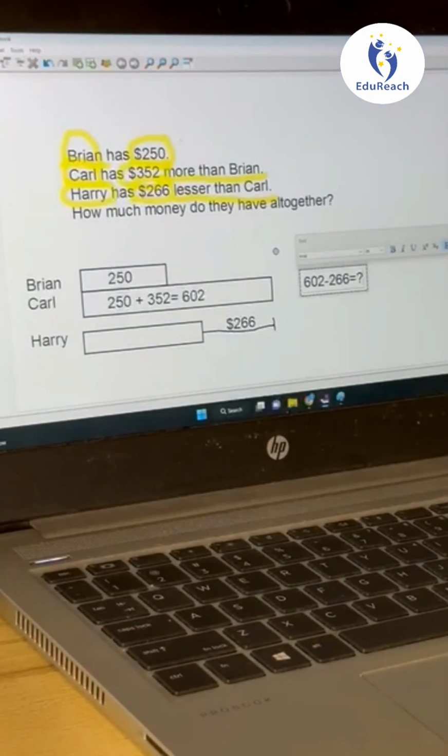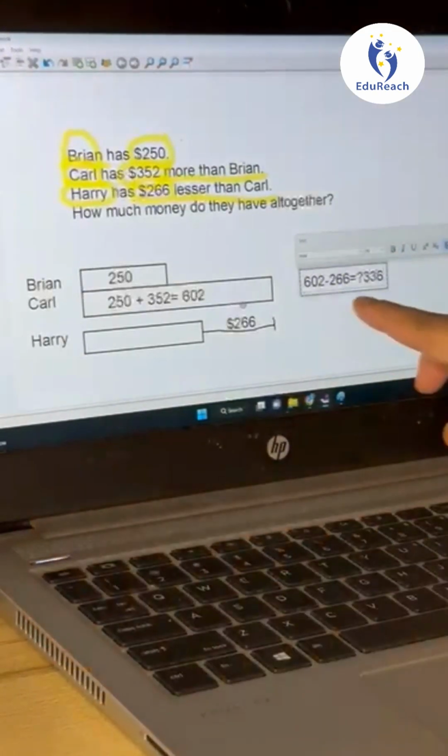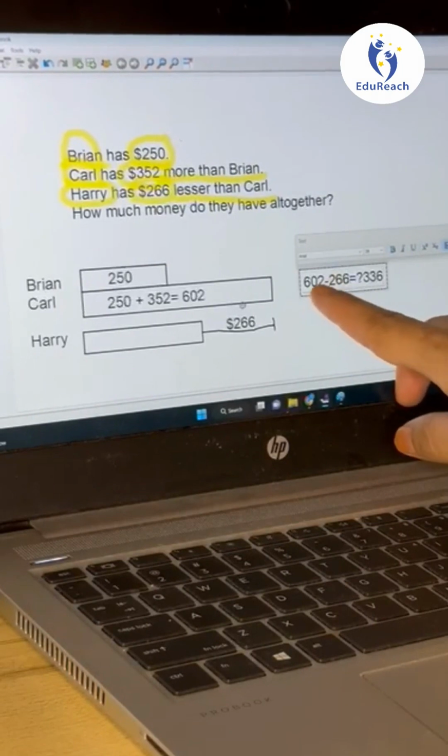And how much do they have altogether? It will be the amount that Brian has, the amount that Carl has, and the amount that Harry has. And if you count carefully, it's going to be 336. You see, 2 minus 6 you can't, so you borrow.